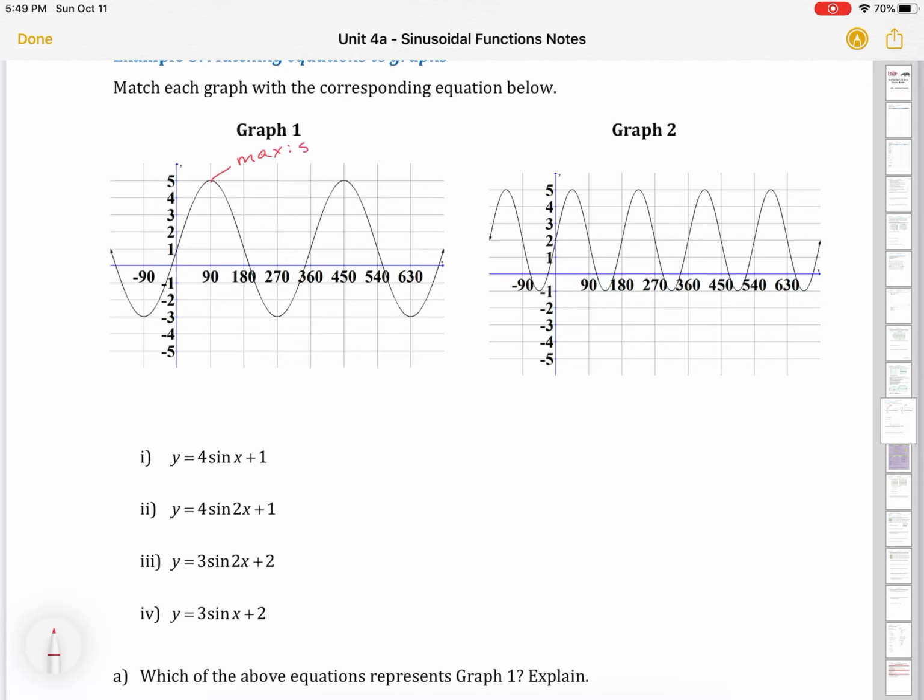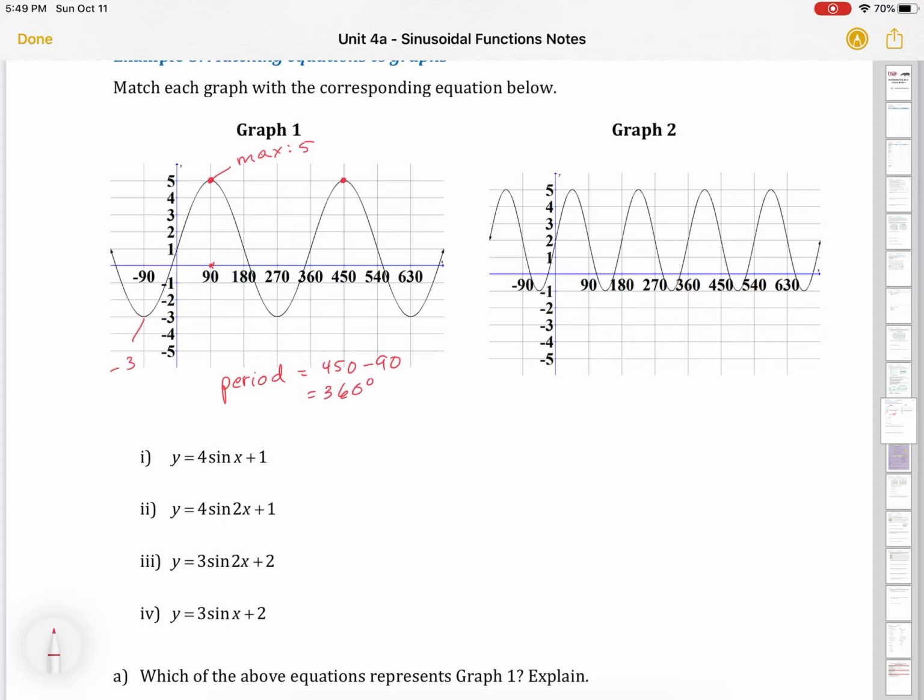Here I have a max of 5 and a minimum of -3, right? My period goes from 90 to 450. So my period is 450 minus 90, which is 360.